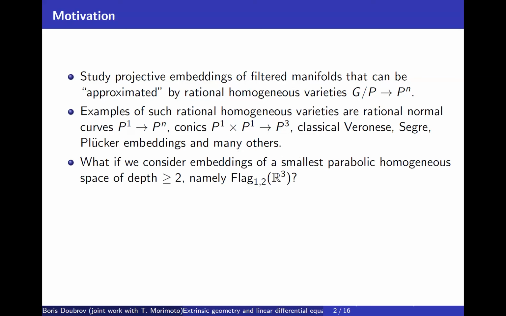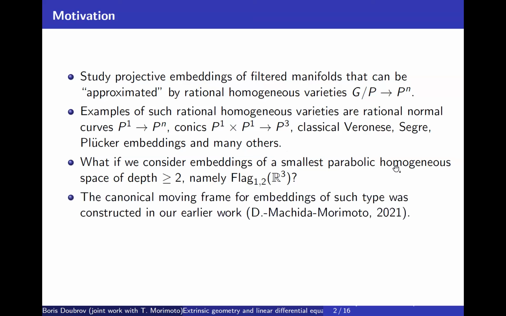This is the smallest parabolic homogeneous space where we have a non-trivial filtration on the tangent space. It will play an important role in my talk. It is a contact manifold, a 3-dimensional contact manifold. We'll be embedding this manifold into P7, or into a very specific flag variety, which I'll define soon.